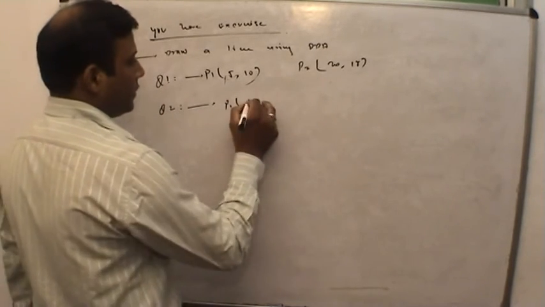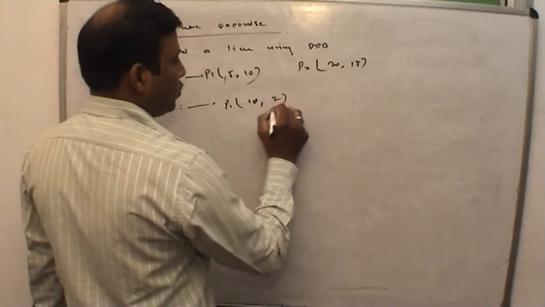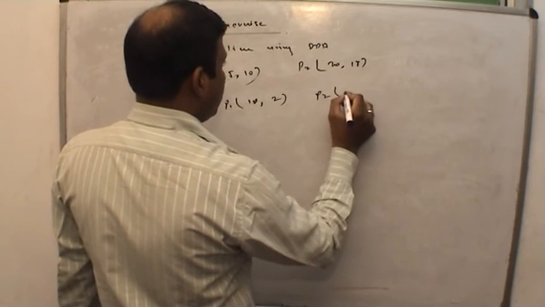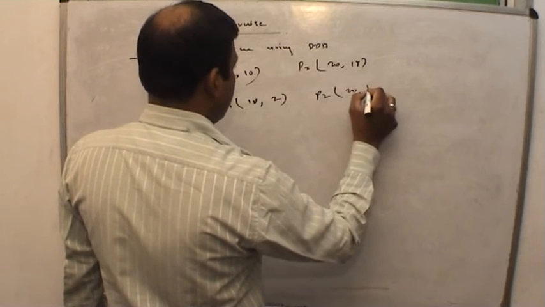Another one: P1 is 10,2 and P2 is 20,14.